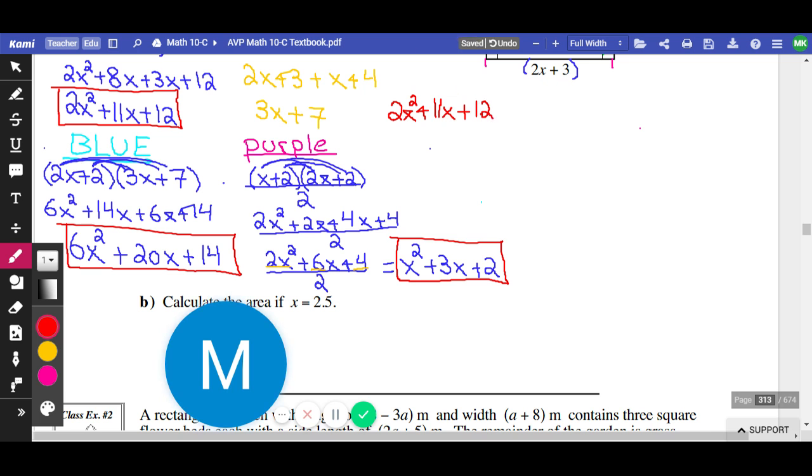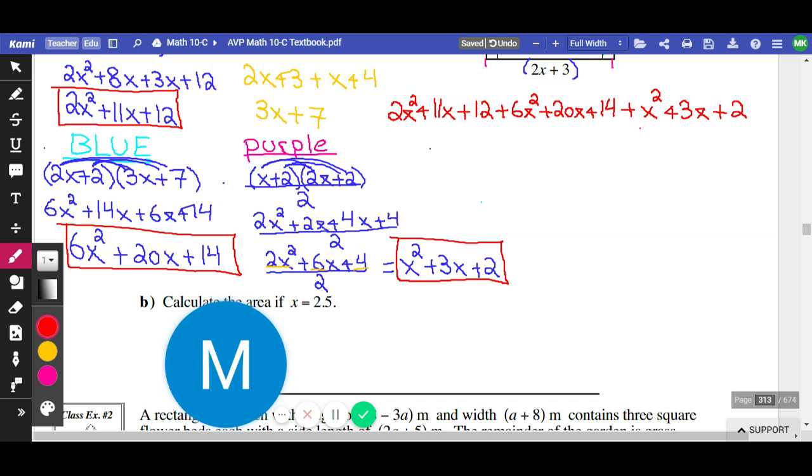Then I go plus the blue one, plus 6x squared, plus 20x, plus 14. And then I would go the purple triangle, plus x squared, plus 3x, plus 2. I just like it like that. I just put it in one big string. That's what I'm used to. That's how I always learned it. If you've learned it to put it vertically, that's fine. You can do it that way too.